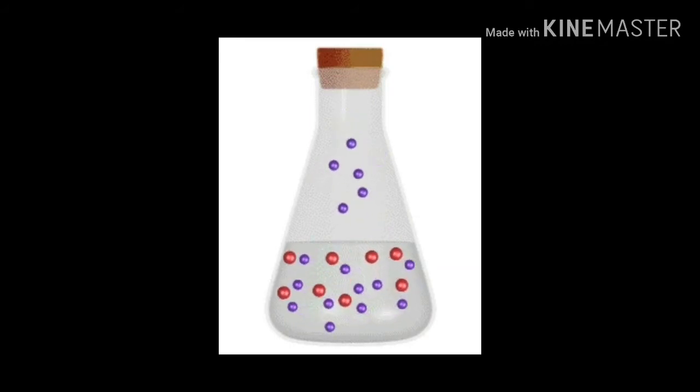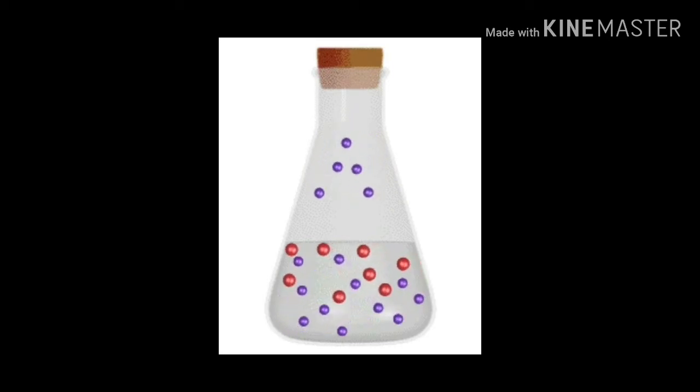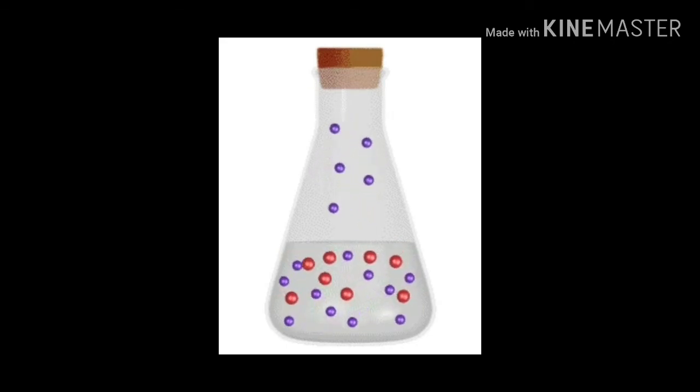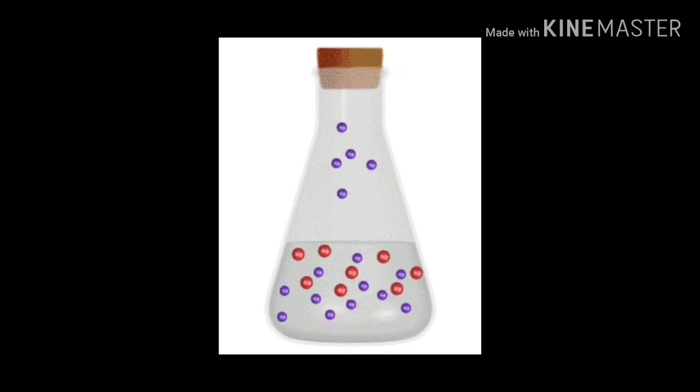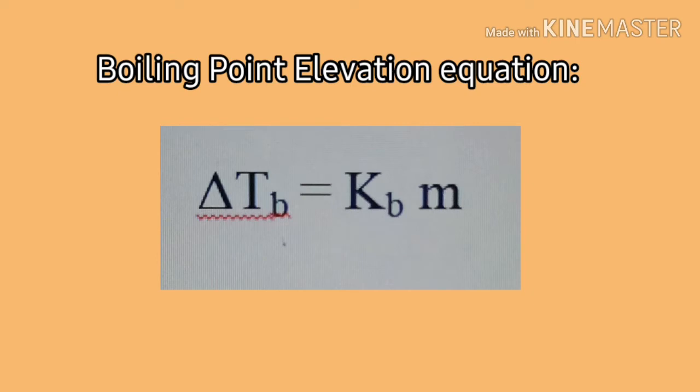Vapor pressure increases with temperature, and so a solution will require a higher temperature than pure solvent to achieve any given vapor pressure, including one equivalent to that of the surrounding atmosphere. The increase in boiling point observed when a non-volatile solute is dissolved in a solvent is called boiling point elevation and is directly proportional to the molal concentration of solute species, where Kb is the boiling point elevation constant.